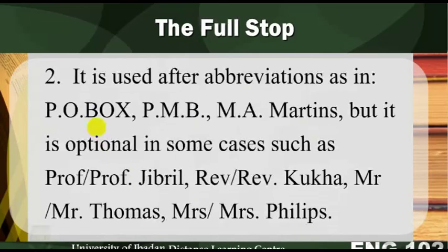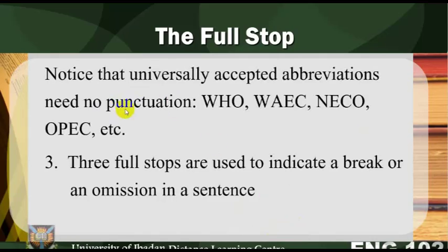It is used after abbreviations as in P.O. Box, PMB, M.A. Martins, but it is optional in some cases such as Prof. Jibril, Reverend Kuka, Mr. and Mrs. Thomas, Mrs. Phillips. Notice that universally accepted abbreviations need no punctuation: WHO, WAEC, NECO, OPEC, etc.